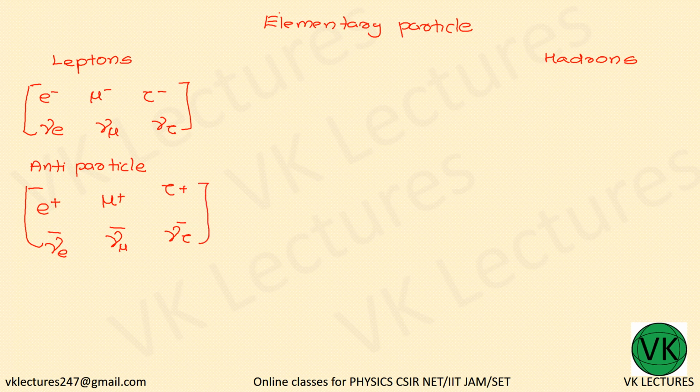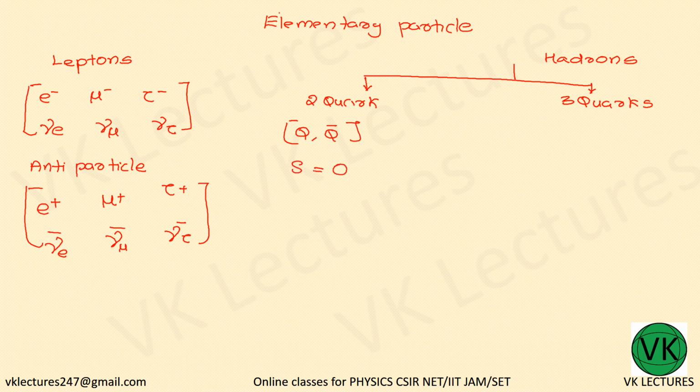Now another class of elementary particles is hadrons. Here you have two kinds of hadrons. Hadrons can be classified as having either 2 quarks or 3 quarks. The 2 quark case is a quark and an anti-quark, so spin is equal to 0.